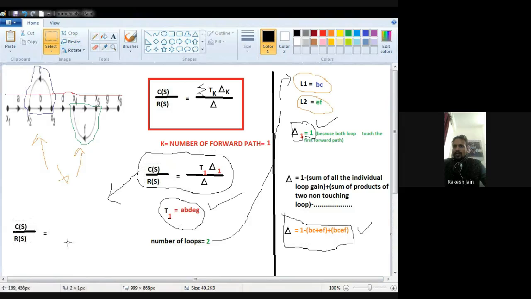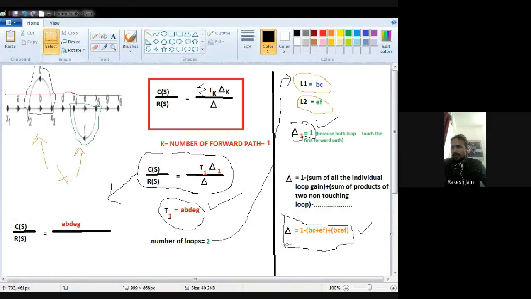So CS upon RS is equal to T1, where T1 is A, B, D, E, G, divided by del. T1 del 1, but because del 1 is 1, there is no need to write it here, upon del.